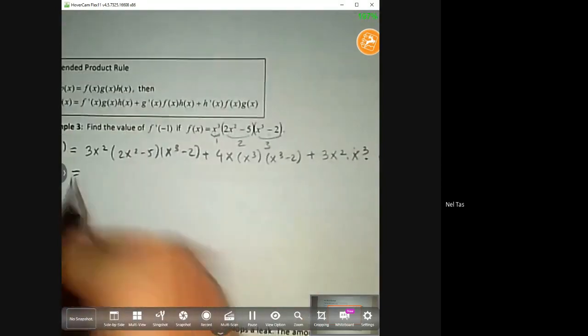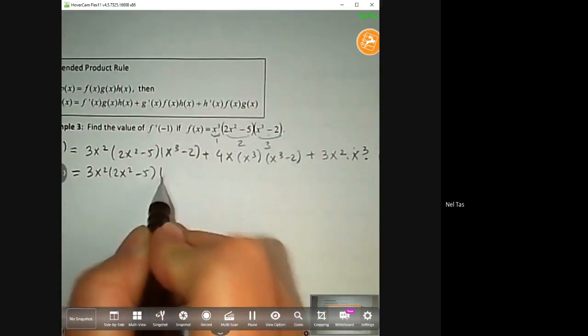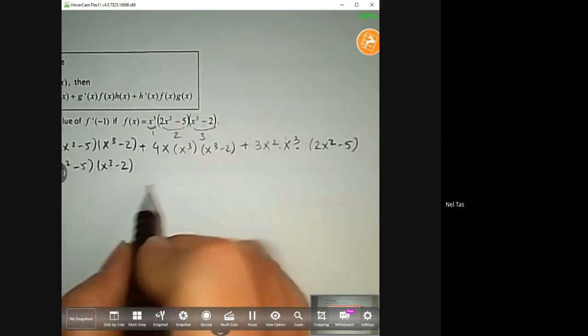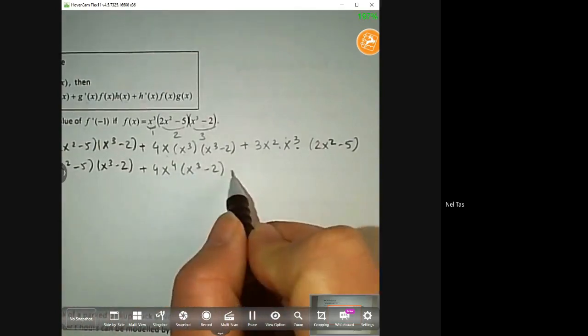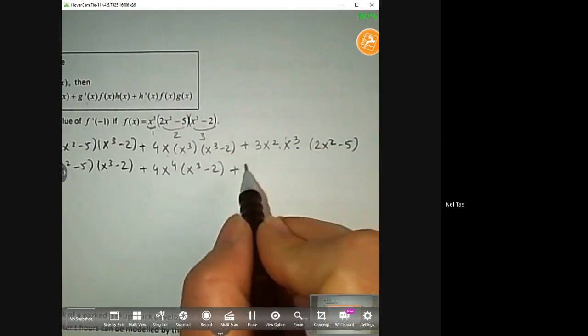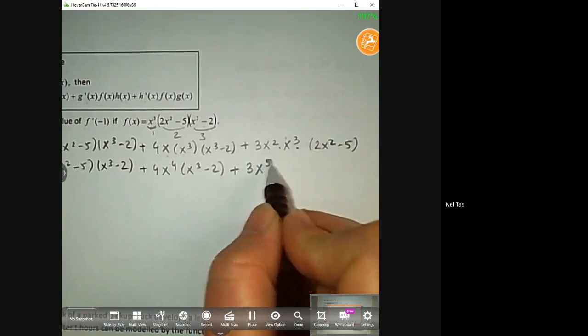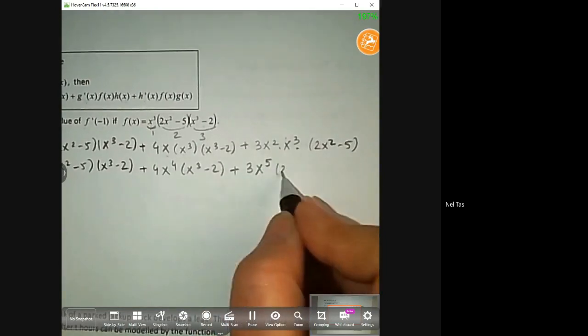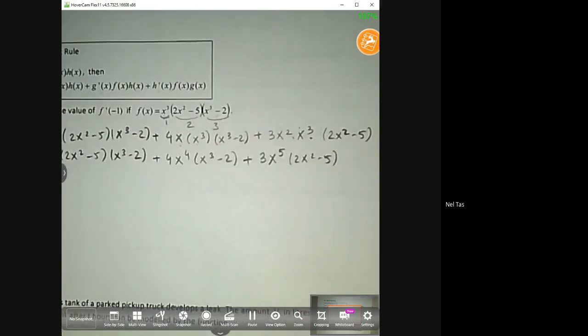Let's simplify it a little bit. We have 3x squared, 2x squared minus 5, x cubed minus 2 here. So we can multiply these two: 4x to the power of 4, x cubed minus 2, plus 3x squared times x to the power of 3 gives you x to the power of 5, you add the exponents, times 2x squared minus 5. If the question was asking to simplify, then we would expand everything and simplify.